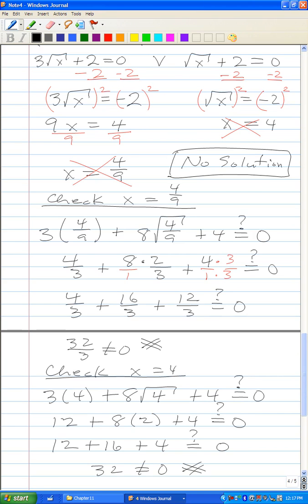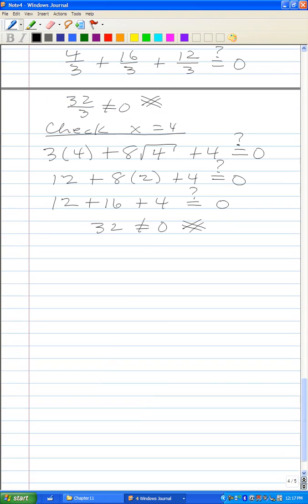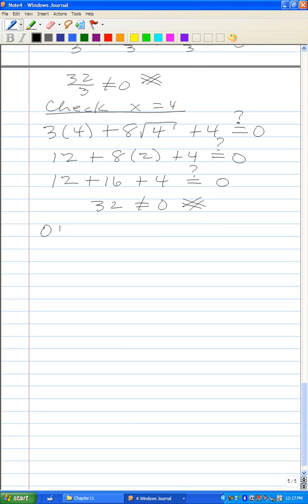And so, let's do this. Note, actually, I have here 3x plus 8 radical x plus 4 equals 0.